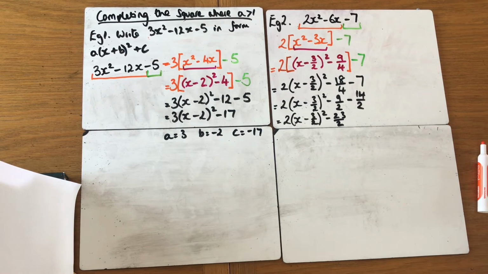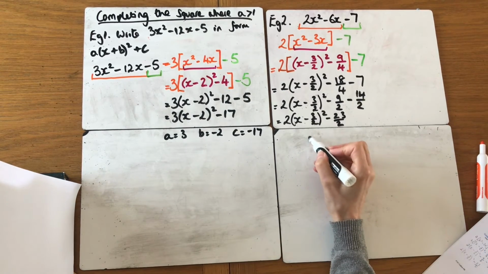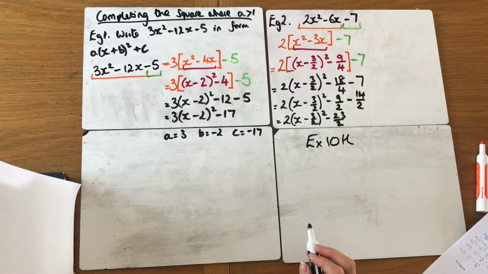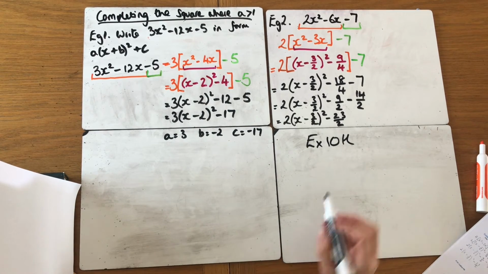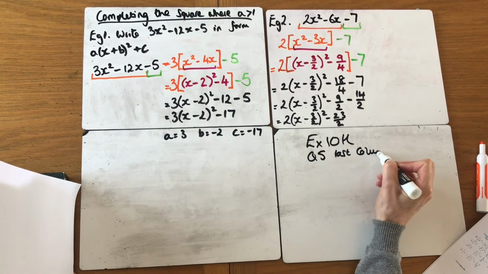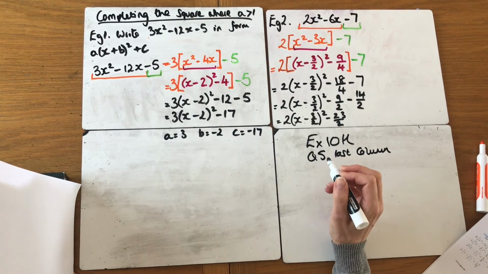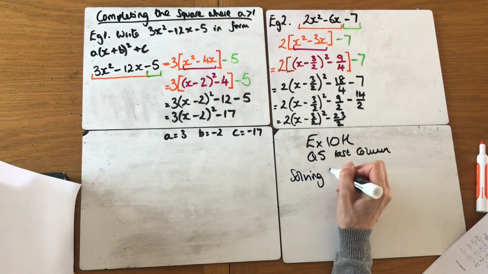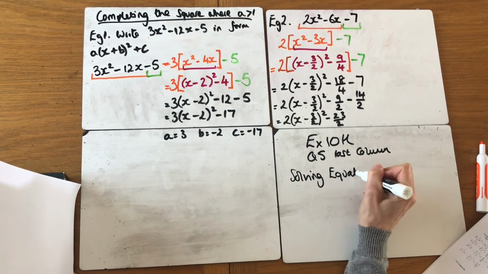Okay, what I'd like you to do now is have a go at some questions. So again, you're going back to the exercise 10H in the folder on files, and I want you to do question 5, last column. Then I want you to have a go at doing some solving equations.